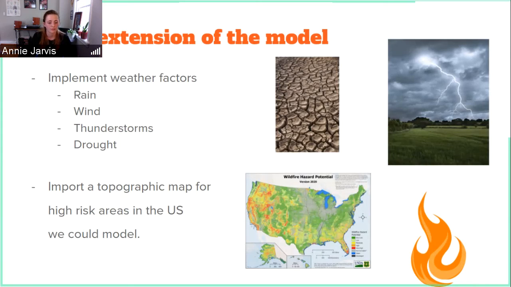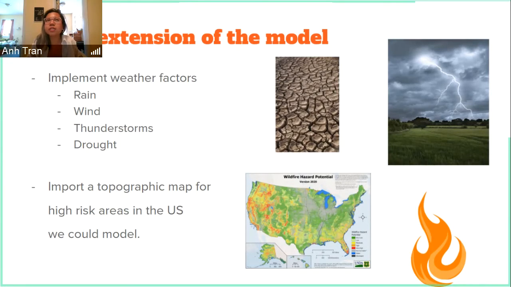There are actually a lot of future extensions of the model that we can do, since in our world we assume a perfect world where there are no weather factors that can help or slow down the firefighters, where in real life, of course, that is a big factor.